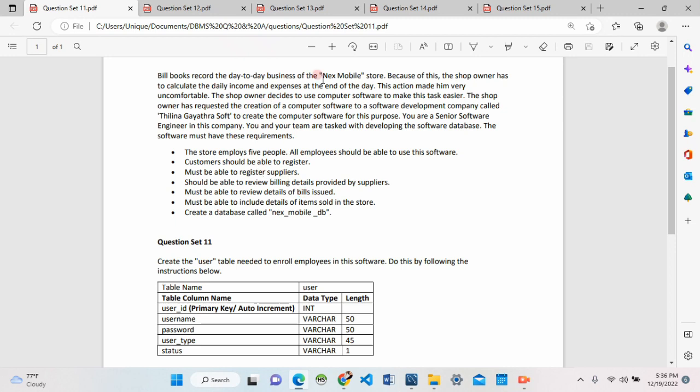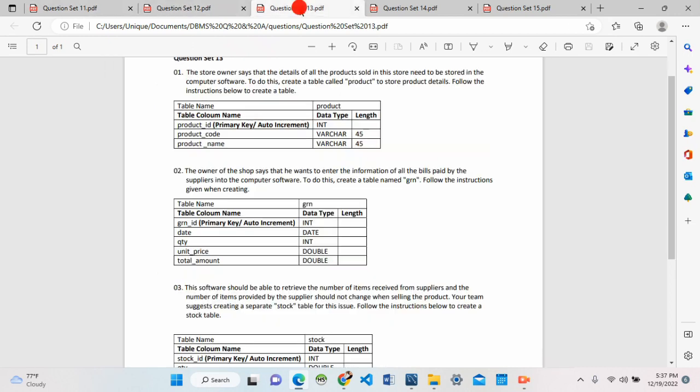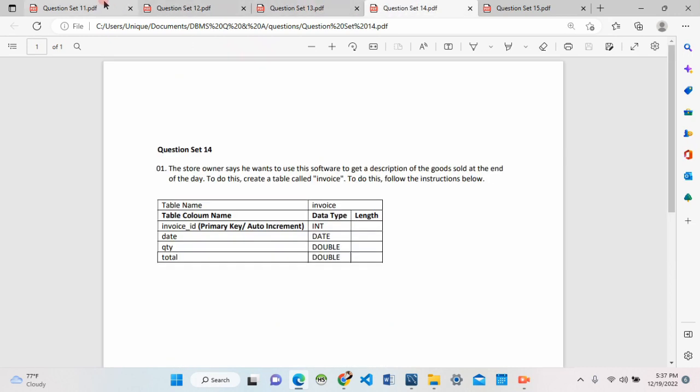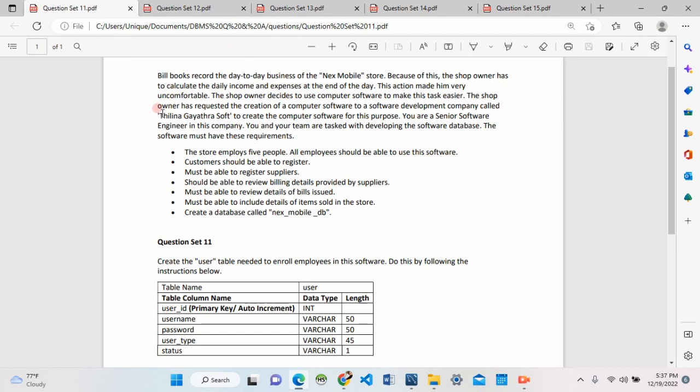In question set 11, there were some requirements of the customer, who is the owner of Next Mobile Store, and in question sets 11, 12, 13 and 14, we created some tables related to the requirements given by the store owner. In question set 11, we created the user table.